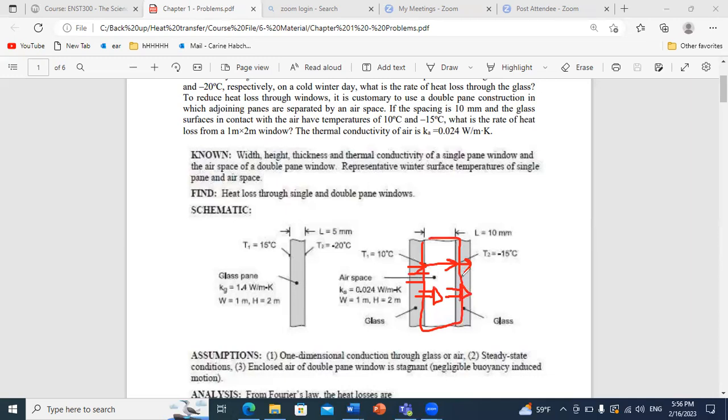And this flux is equal to the one that will be propagated until the outdoor surface. So your energy balance tells you that the flux of conduction in the first glass layer is equal to the flux of conduction in air, which is equal to the flux of conduction in the second glass layer.